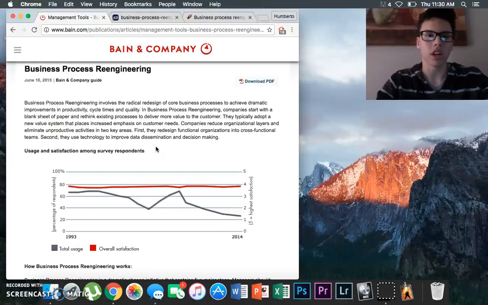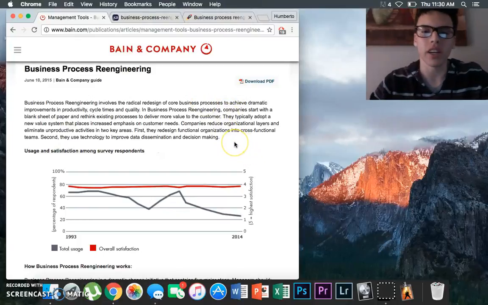They typically adopt a new value system that places increased emphasis on customer needs, as well as companies reduce organizational layers and eliminate unproductive activities in two key areas. First, they redesign functional organizations into cross-functional teams. Second, they use technology to improve data dissemination and decision making.